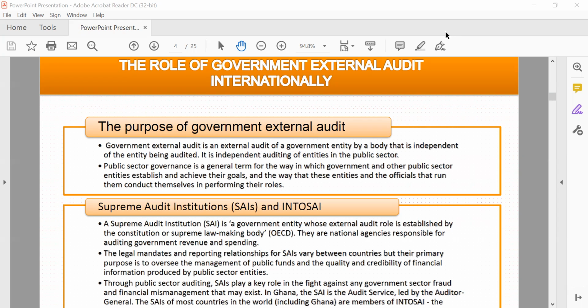Now, let's look at the purpose of government external audit. Government external audit is an external audit of a government entity by a body that is independent of the entity being audited, right?